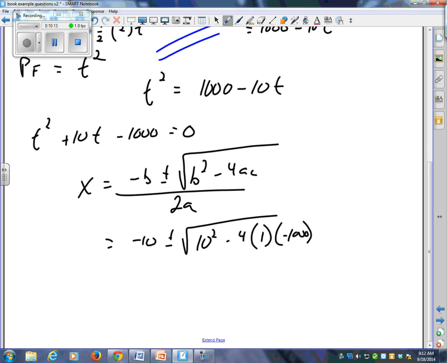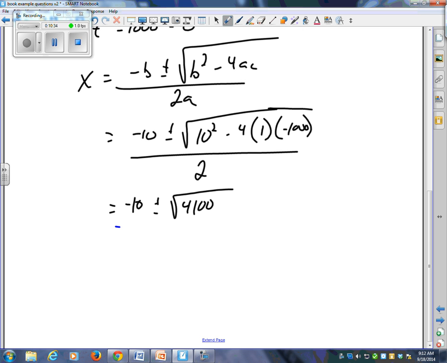I missed a 0. All over 2a. And a is just 1, so 2. Minus 10, plus or minus square root of, I get 4,100 in there. Did you? Good.